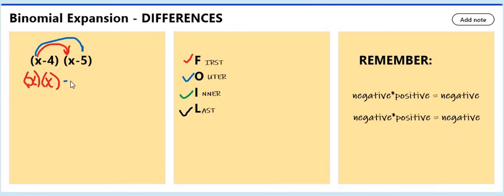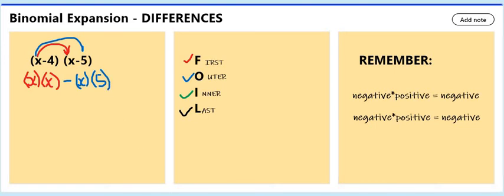So I'm going to write my negative here, and I put my x in brackets and my 5 in brackets. I feel like I'm going to need some more space.